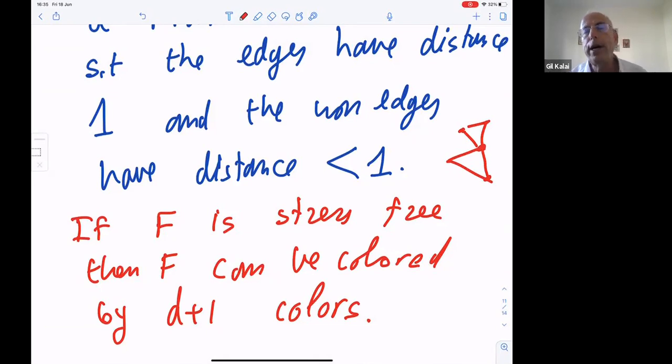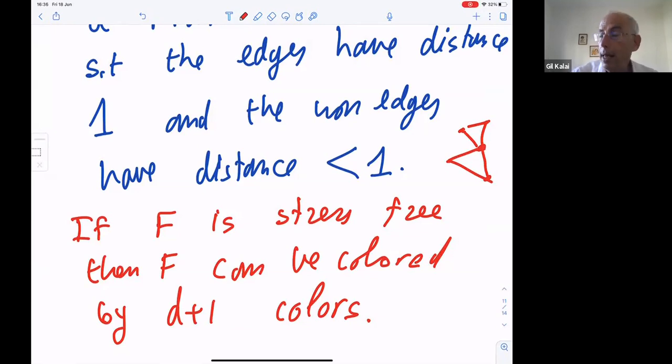There are several ways to reformulate it and also to extend it to the non-finite case. We want to say that if we slightly change the distances, we can still change the framework and realize the new distances. For example, this is one way to say that it's stress-free. In any case, this is the conjecture.